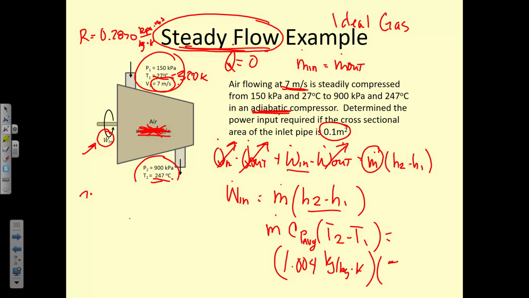So we have 520 Kelvin minus 300 Kelvin. And then multiply it by our mass flow rate, which is 1.22 kilograms per second. So W dot in, if we do the math on that, is equal to 269.47 kilowatts.